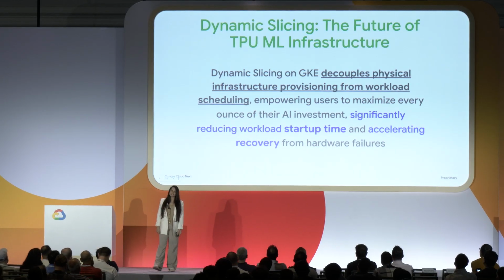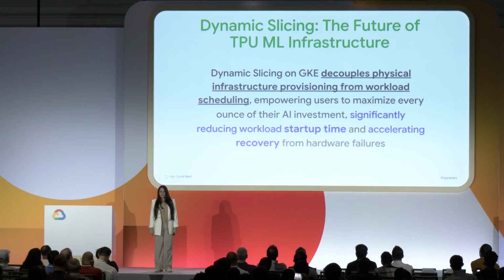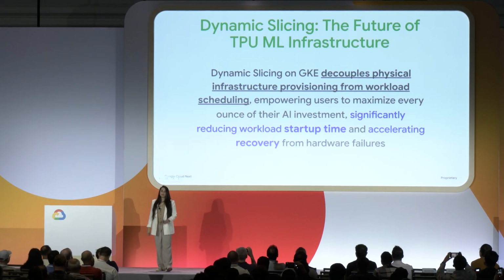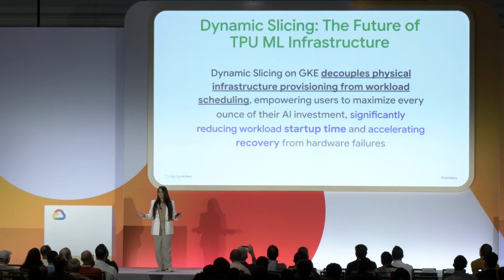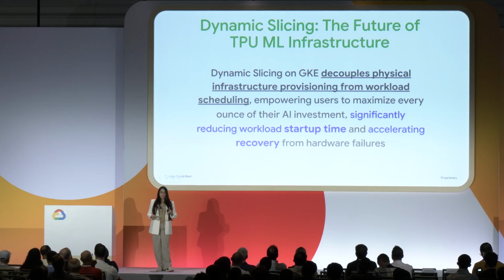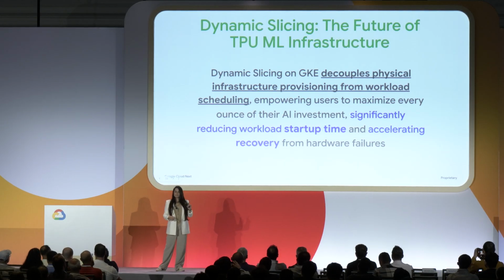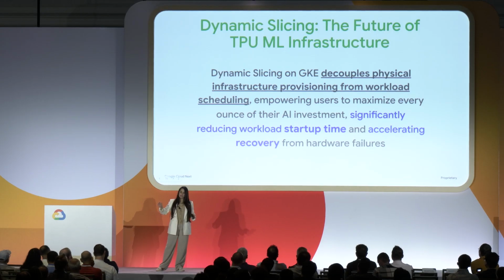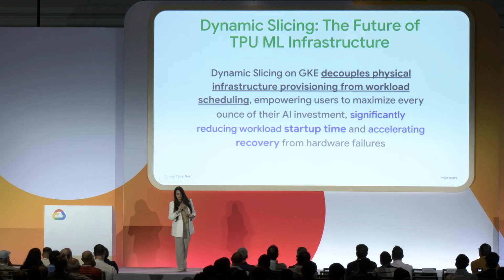And comes the dynamic slicing. Dynamic slicing on GKE is a complete paradigm shift. You pick anything I say in the session or not, I want you to pick this one. By decoupling physical infrastructure creation from workload scheduling, we have removed the overhead and headache of rigid infrastructure management.